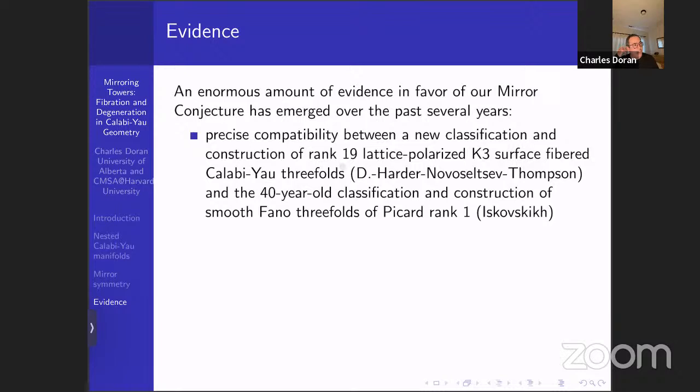Okay, and that connection comes from the fact that you take a Calabi-Yau threefold of Picard rank 1, and you imagine a degeneration to a union of two quasi-Fano threefolds of rank 1. They're going to intersect on a 2n, or whatever, 2D polarized K3 surface.